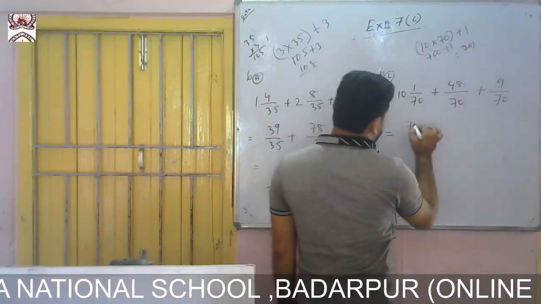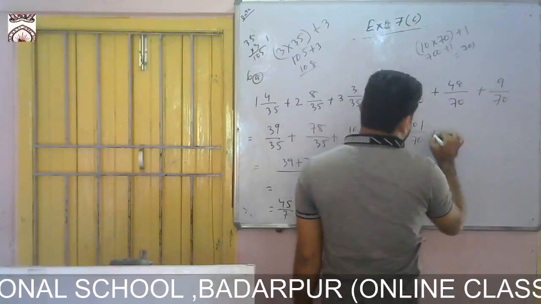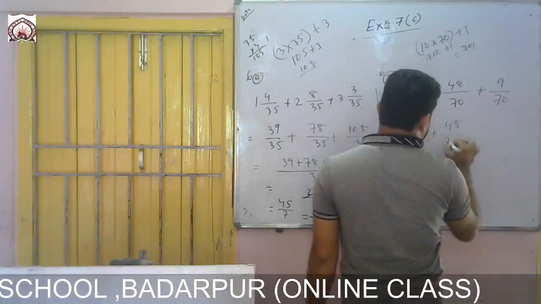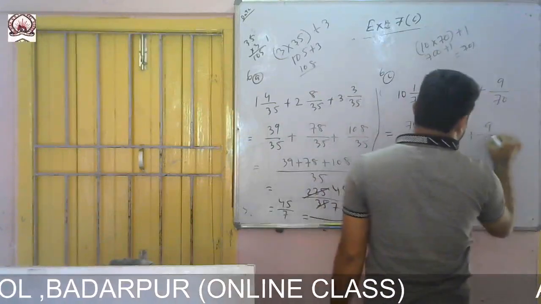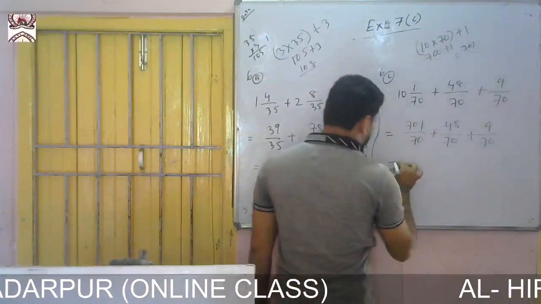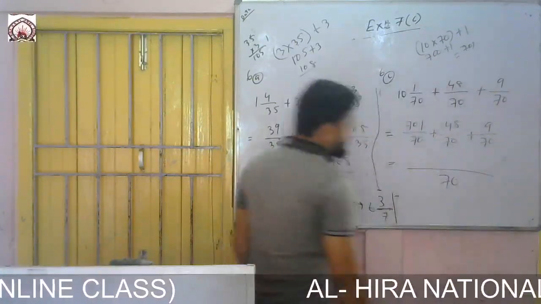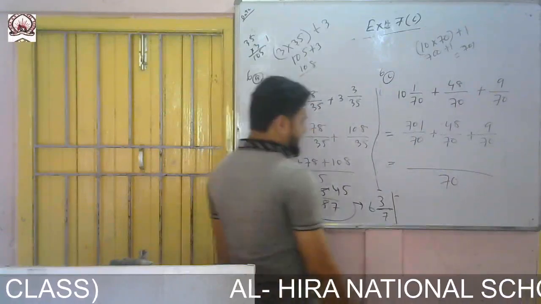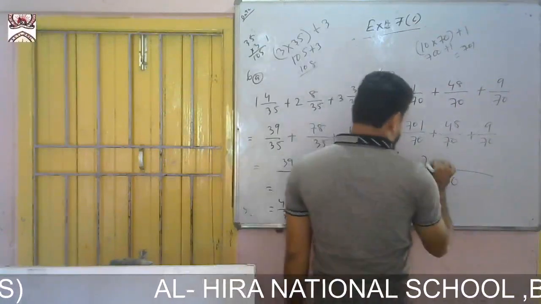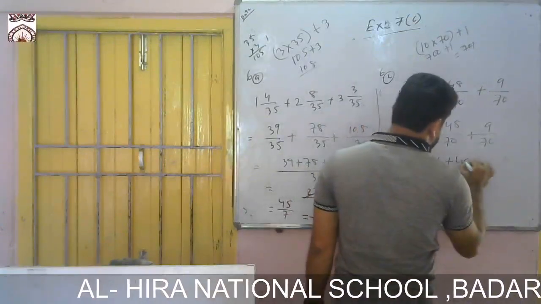So what, 701 by what, 70 plus 48 by 70 plus 9 by what, 70. Now since all the denominators are same, so I took 70 as the LCM. Now I can add directly, since the denominators are same.